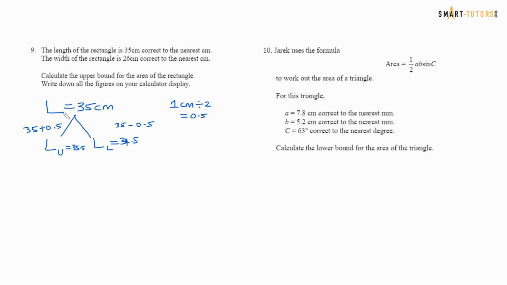So length, upper bound and lower bound we already found. Width is what? 26 centimeters. So 26 centimeters nearest to 1 centimeter, same 0.5. So you need to add, so width upper bound is 26.5 centimeters and width lower bound is 25.5 centimeters.